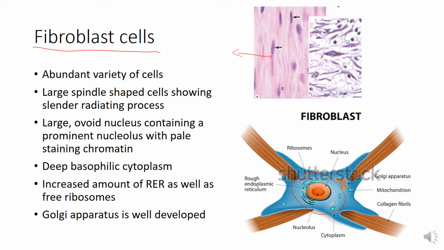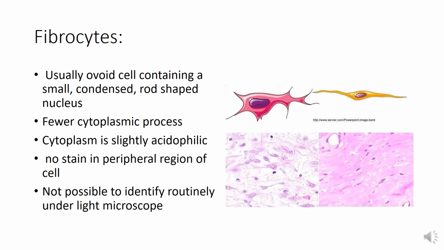So the manufacturing factory, that is the ribosomes and the rough endoplasmic reticulum, and the packaging factory are well developed in these cells. Now the fibrocytes are usually ovoid cells containing a small condensed rod shaped nucleus.